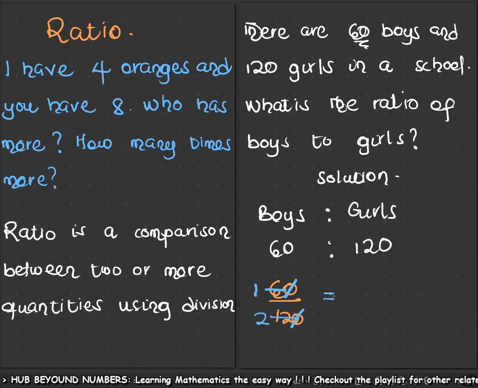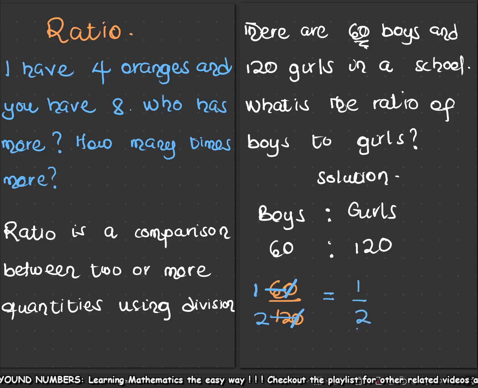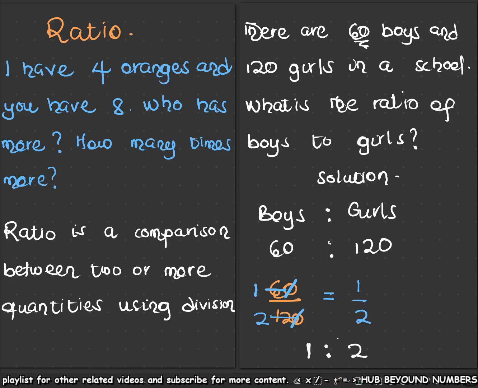So you are left with 1 over 2. So if we wanted to rewrite our ratio, 60 is to 120, we would have written it as 1 is to 2. Hence the ratio of boys to girls is 1 is to 2.